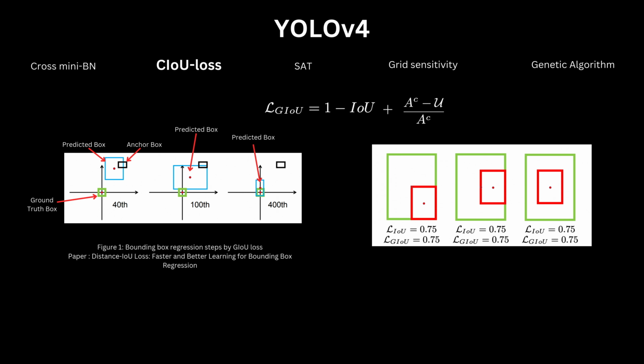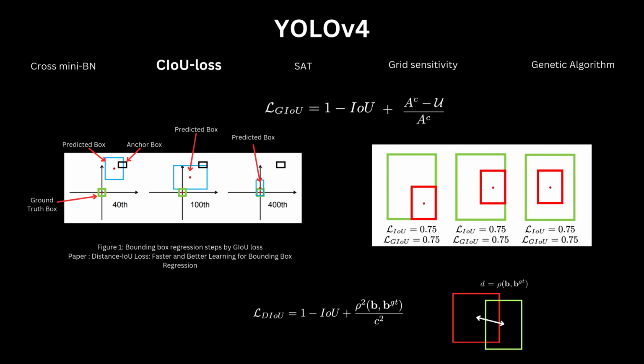The authors of complete IOU loss introduce a different penalty term to handle this, as well as the original non-overlapping case that generalized IOU loss was introduced to handle. The numerator of this penalty term is the square of distance between the centers of two boxes. The denominator is c square, where c is the diagonal length of the smallest box enclosing both boxes.